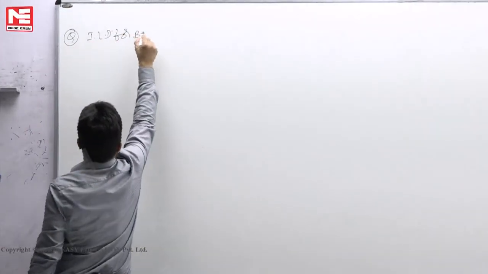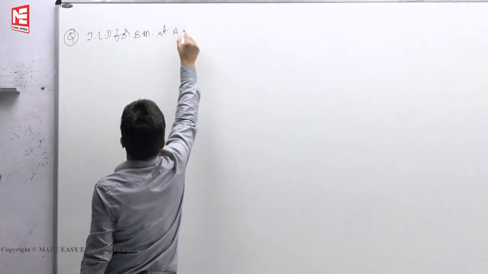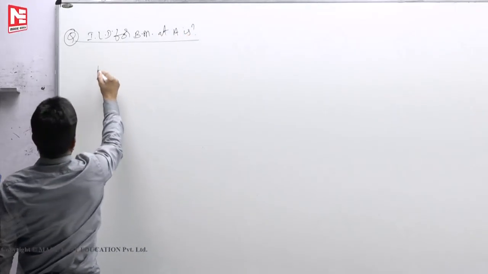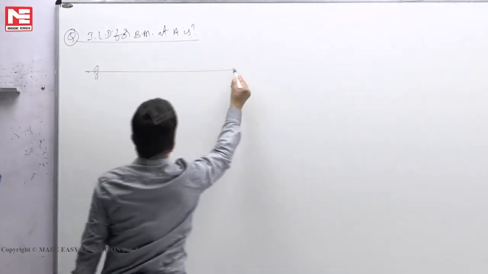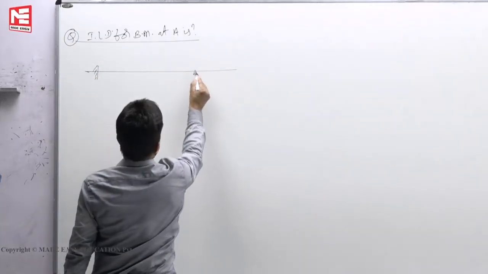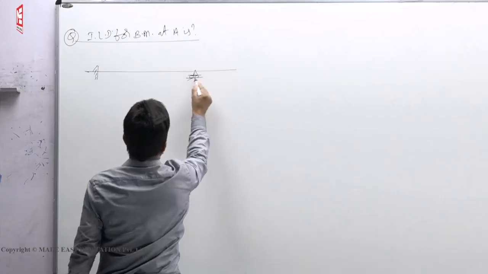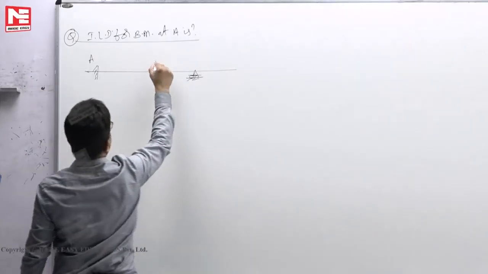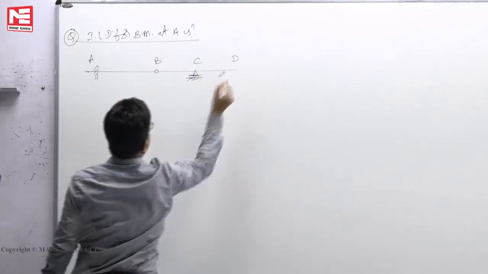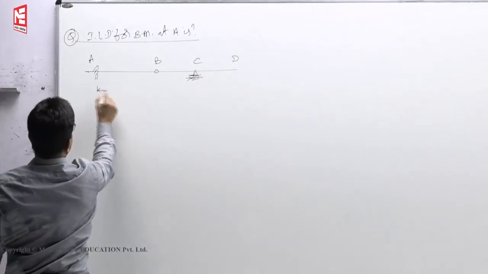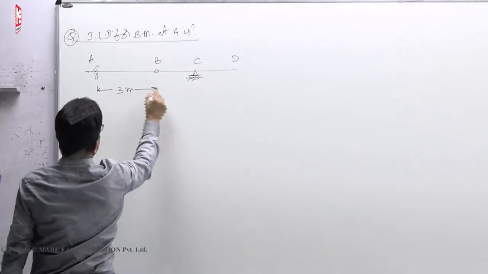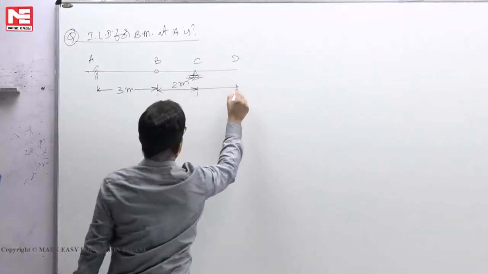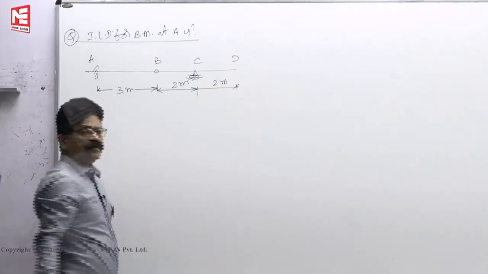ILD for bending moment at A is, now we have a cantilever beam, also overhang A, B, C, D, let us say. This length you assume that it is 3 meters, 2 meters and also 2 meters.